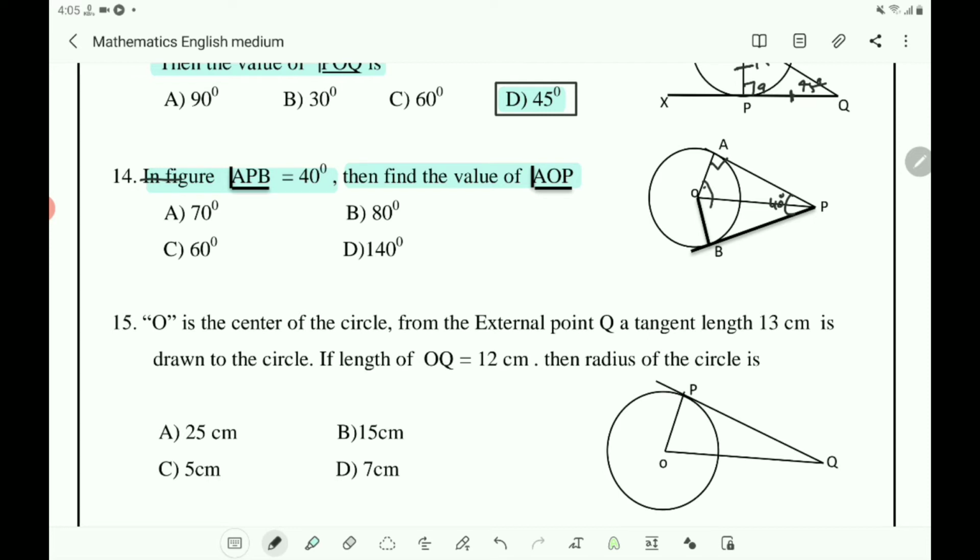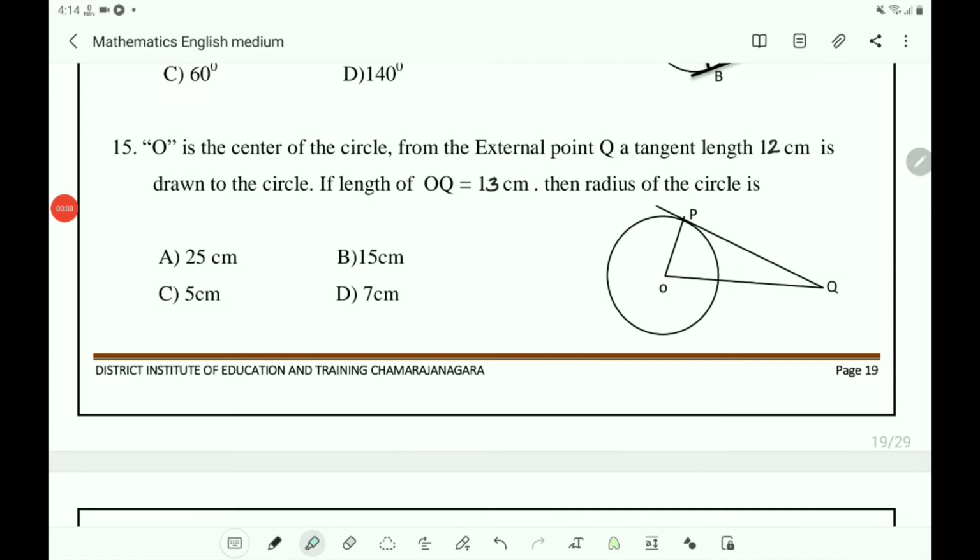What is the measurement of the angle AOB? That is 180 minus 40, 140 degrees, and half of 140 is 70 degrees. Angle AOP is 70 degrees. So option A is the answer. Note down the answer, option A. Then we take question number 15. O is the center of the circle.